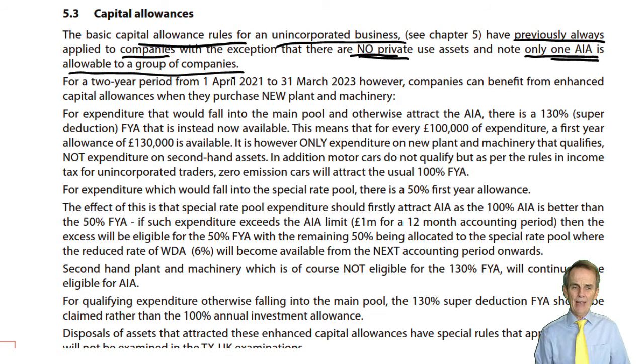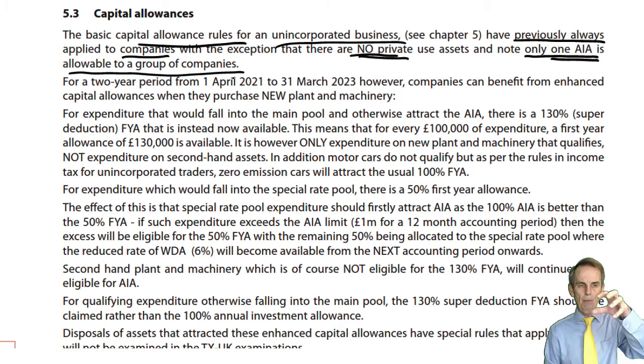So you can't have a company that is regularly spending in excess of the AIA limit, currently £1 million, then deciding, well, we'd like to get more AIA, so we'll split the operations into two separate companies, parent company and subsidiary, or parent and two subsidiaries, in the hope that each of the 2 or 3 companies would then have an AIA limit of £1 million for a 12-month accounting period.